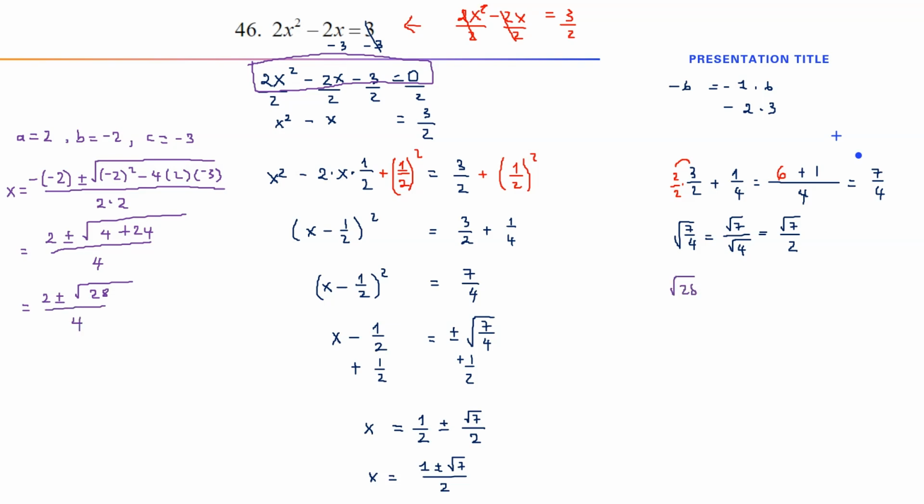The square root of 28 is the square root of 4 times the square root of 7, so that will be 2 square root of 7. Now the common factor in the numerator is 2. We take 2 out. We have 1 plus or minus the square root of 7, over 2 times 2 is 4. We cancel that 2. The answer is 1 plus or minus the square root of 7, over 2.